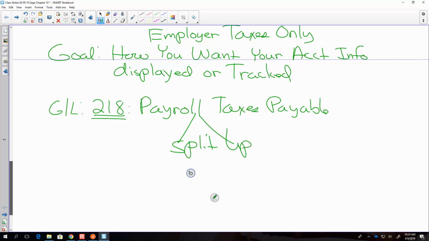Go to page 415, I'm sorry. What happens to the account numbers now? We have a 220, a 222, a 224, a 226, and then obviously a state disability 228.